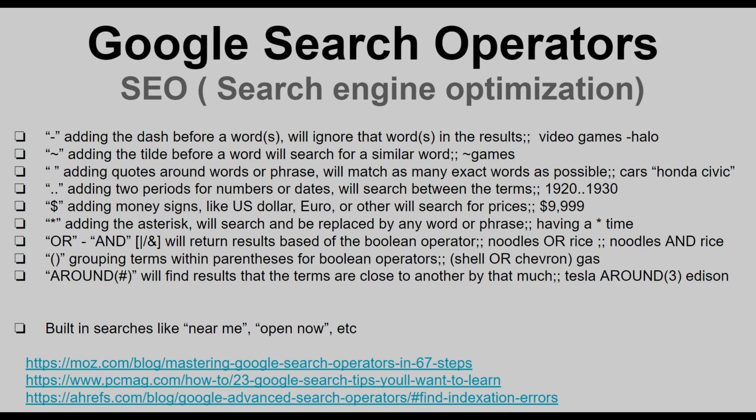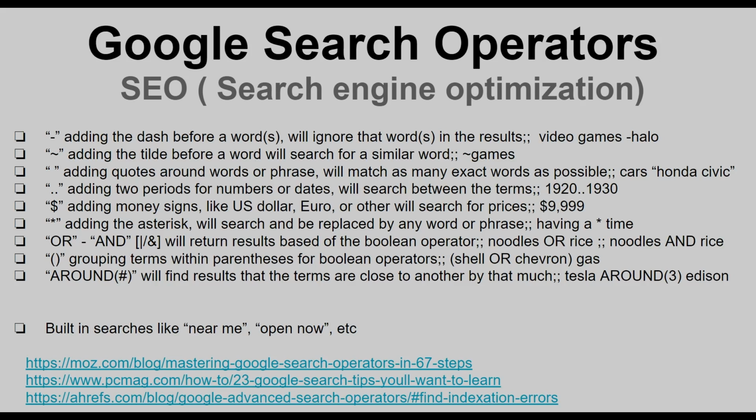So first off, with Google, there are actually a bunch of operators and tools you can use. It's part of the search engine optimization tools, and basically just some small things that you can do to make your search results more specific, or get rid of things.